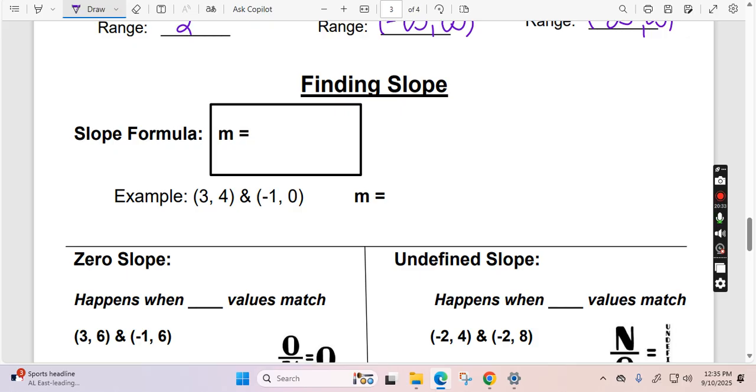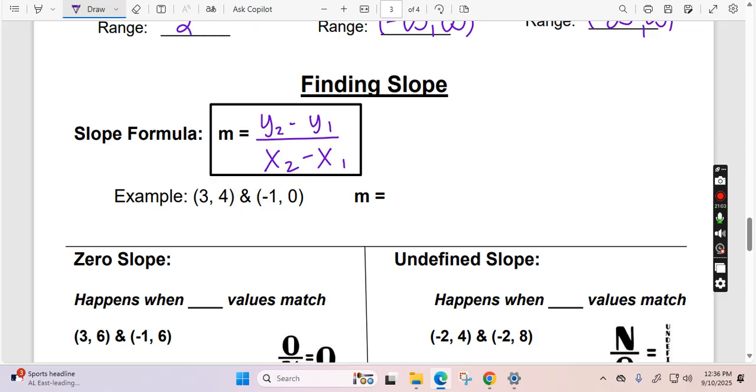That's our slope formula. y2 minus y1 over x2 minus x1. You said over like that. I'm sorry, I was just trying to exaggerate it so y'all can remember.